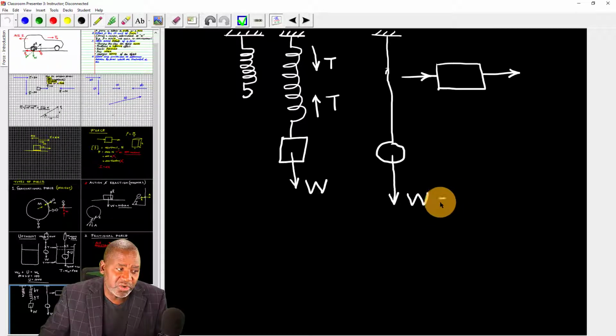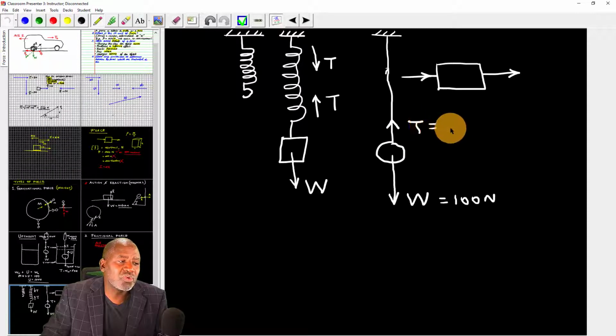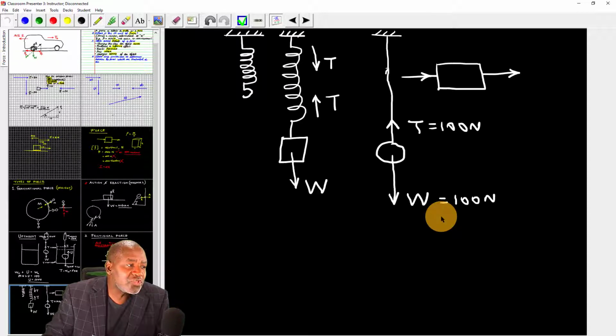So if the weight of the object is 100 newtons, the string must support it. It must pull it upwards with the same amount of force, called tension, and it should be equal to the weight of that body. The same string pulls the support downwards with a force equal to tension, which is 100 newtons.